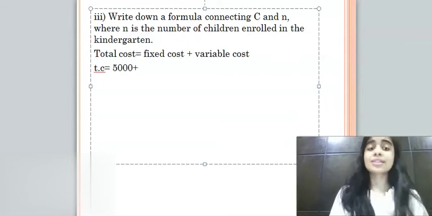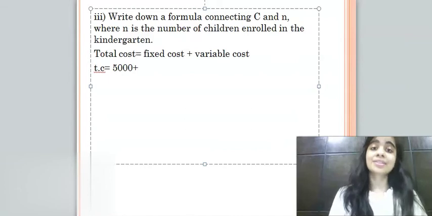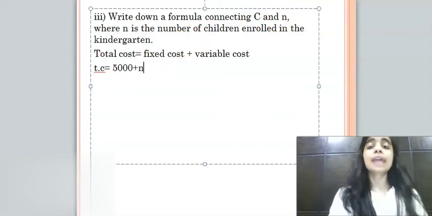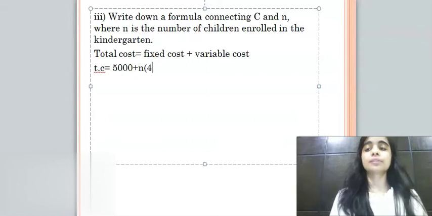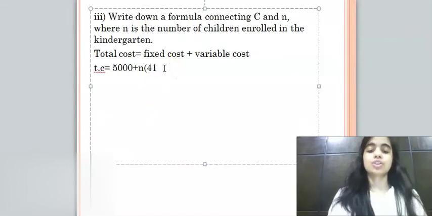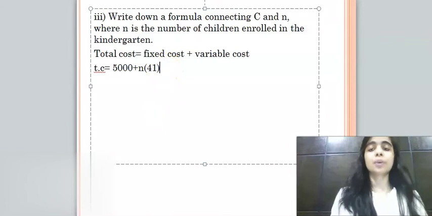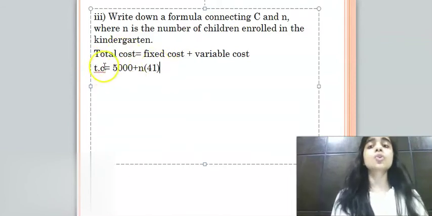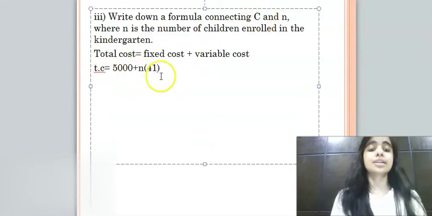But can you guess what we know? Yes, we know that N is the number of children. So we can write N over here, and then we know that for each child the cost is $41. So we will write $41 over here, and we need to represent our total cost as capital C.